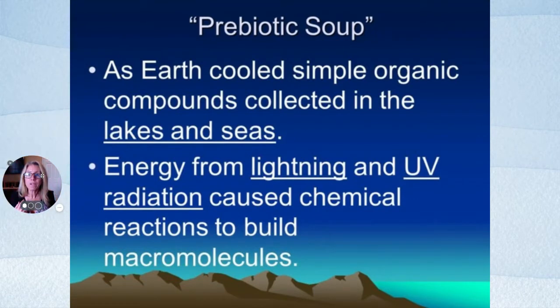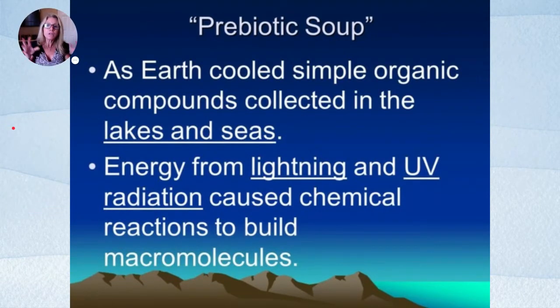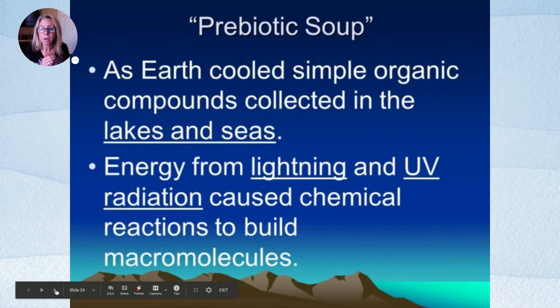Okay, so as the early Earth cooled, you would start to collect these organic molecules in the soup, the ocean water. How could that be? Well, like I'm mentioning right here, energy from lightning and UV radiation and the Earth's core could have begun to build the simple organic molecules and later the large macromolecules.